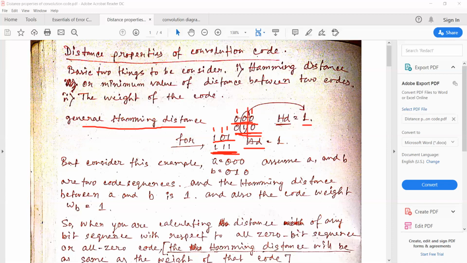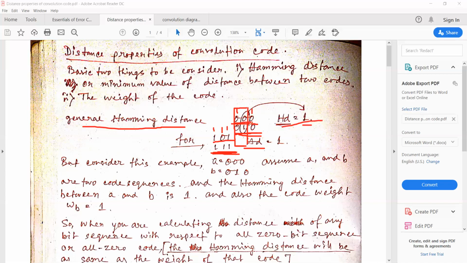Suppose I'm taking this example, 00 and 01, and I'm calculating the Hamming distance between these two. What is the Hamming distance? The dissimilarity present is 1 because in 00 and 01 the first position bit is the same, but the second position bit is different, 0 and 1. So the Hamming distance is 1.